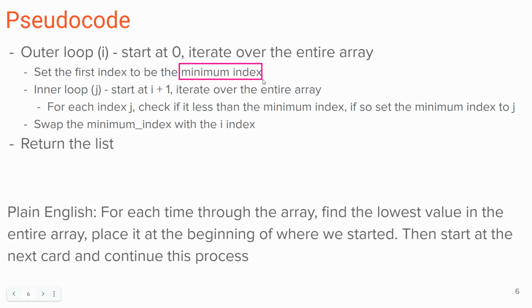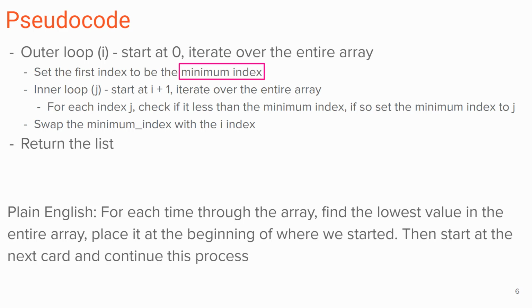This minimum index thing is kind of the key thing about selection sort. We need to always keep track of which index holds the minimum value. If it's the first time through our array, and we've only looked at one element so far, then that element is, by definition, the minimum one we've looked at. So we always set that first index that we looked at to be the minimum index.